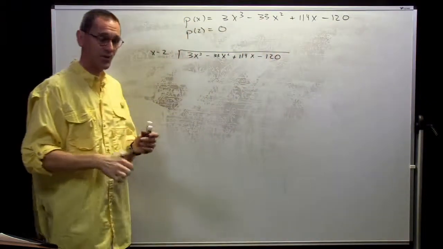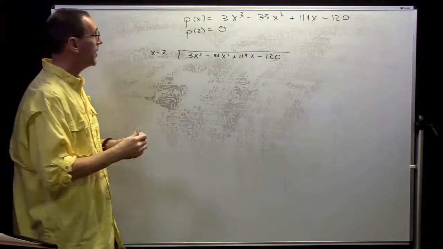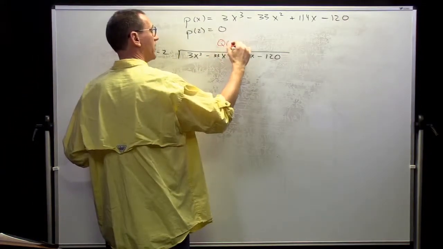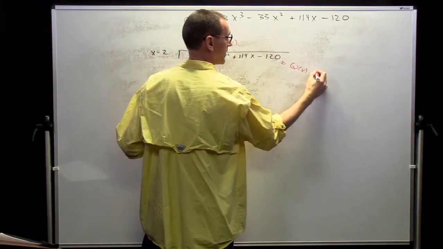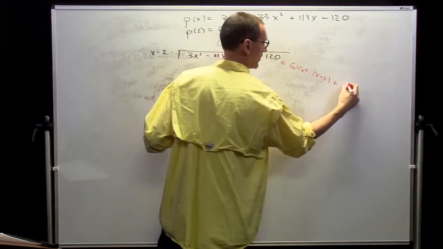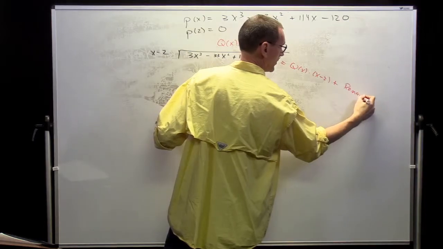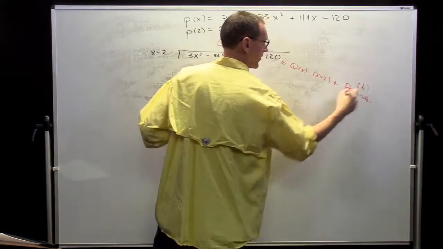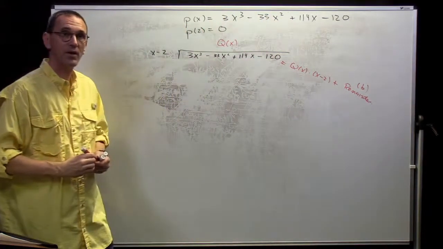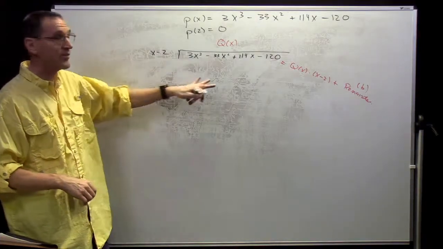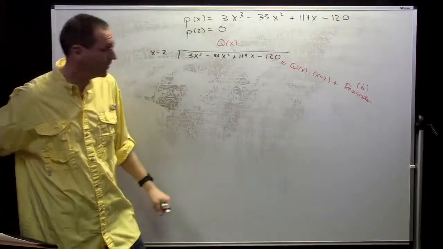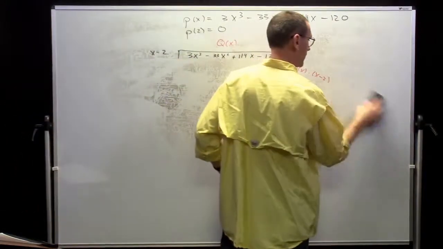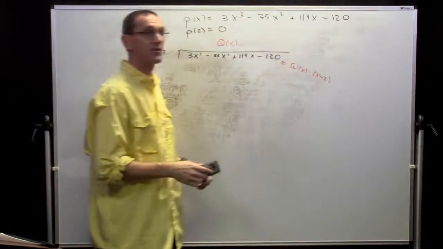So when I go through and do all this, the polynomial that I'm going to get up here is going to be my q of x, and this is going to be equal to q of x times x minus 2 plus the remainder, which I called b before. And if I do everything correct, and I made a good choice here, I know in advance that my remainder is 0.